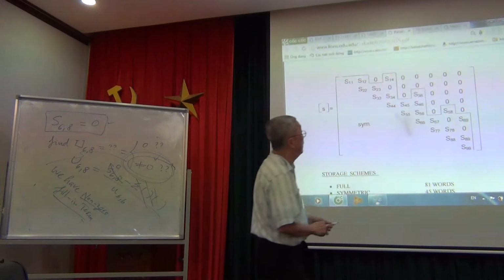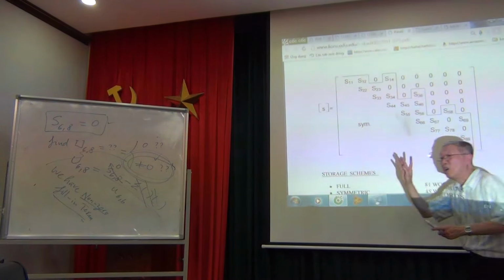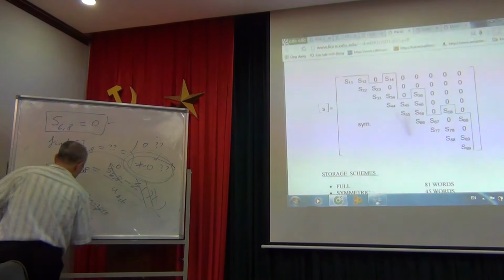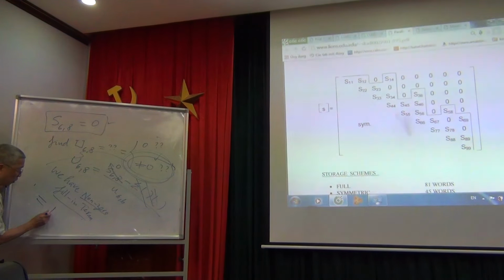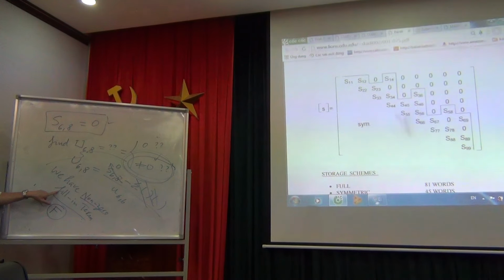So, for a non-zero fill-in term, usually we use a symbol like F, like this. F means fill-in term.